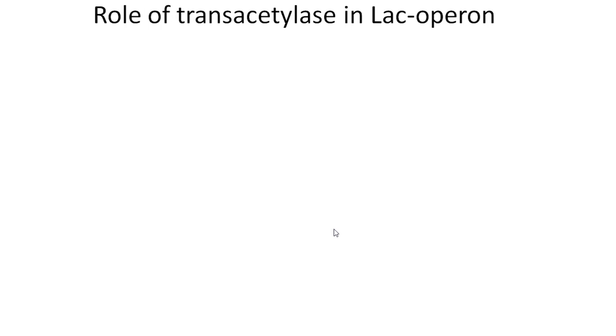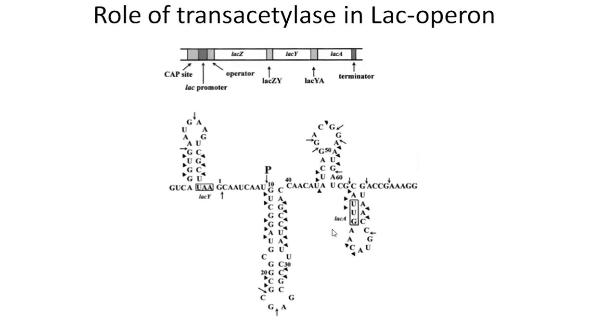because half a century has passed since the discovery of the Lac Operon, but there is no clear-cut idea how transacetylase is functional in this Lac Operon. Probably it is functional in some other process. But during the transcription, what happens?